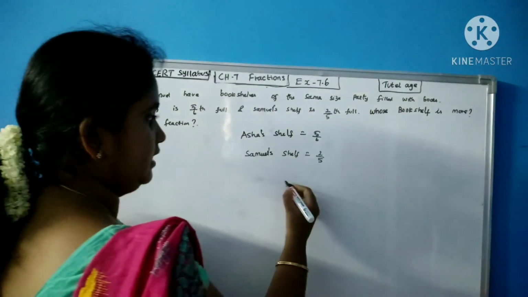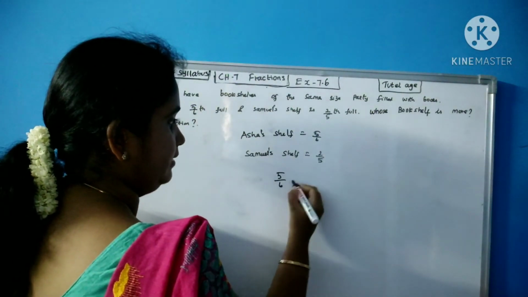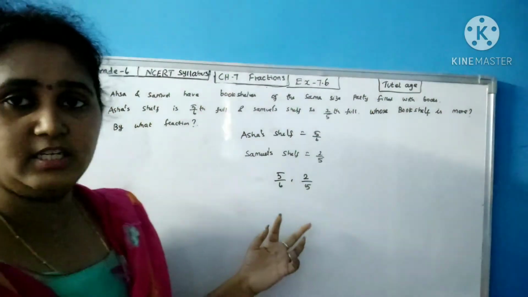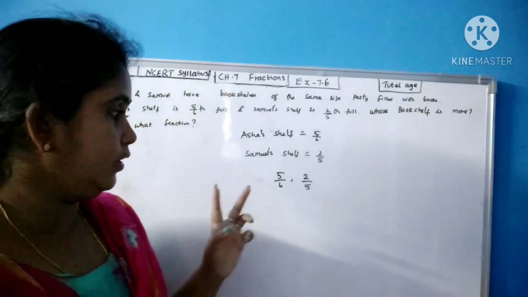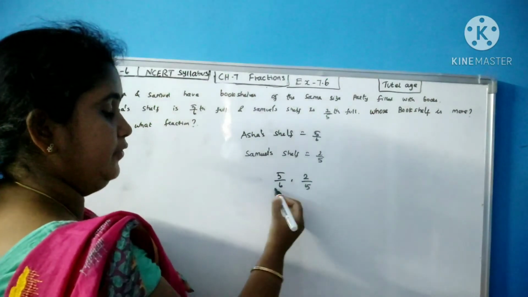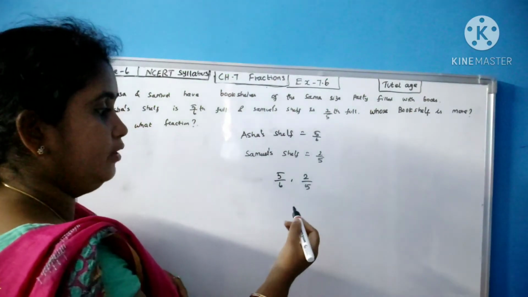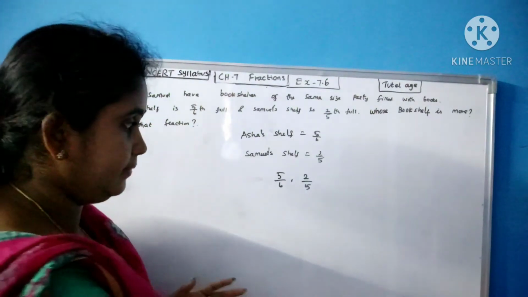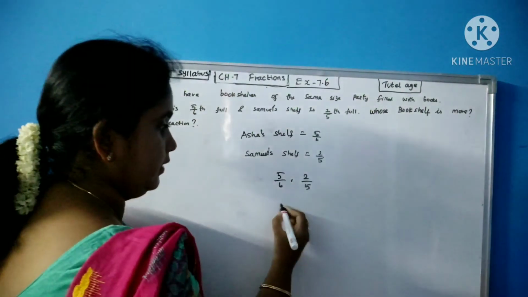So we have to compare 5 by 6 and 2 by 5. In order to compare two fractions, the denominators must be equal. So we are going to take the LCM for 6 and 5. 6 5s are 30, that is your LCM.